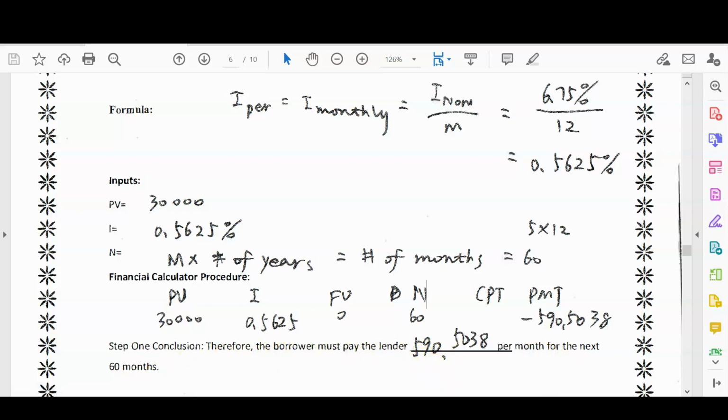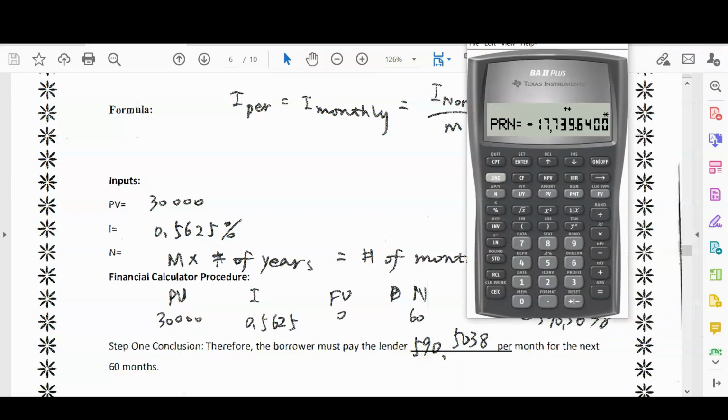Let me show you the process again on the financial calculator. We're going to use the TVM worksheet. Here we're going to input 60 as N. For interest rate, it's going to be the monthly rate, so let me input 0.5625, enter. Okay, interest rate. Down back.